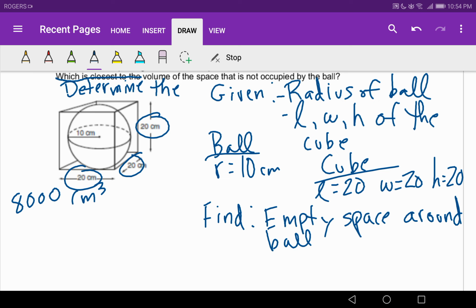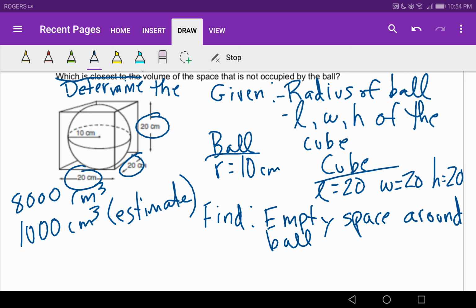I'm going to say that the empty space is going to be way less than that because the ball has to be in there. I'd say the empty space is going to be, I don't know, let's say 1,000 centimeters cubed. All right, so this is going to be my estimate. You don't have to do this, but I'm trying to give you some direction in terms of problem solving.